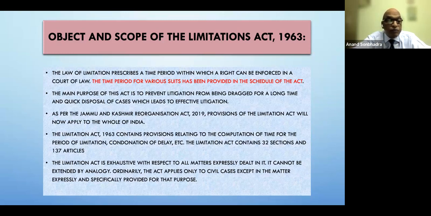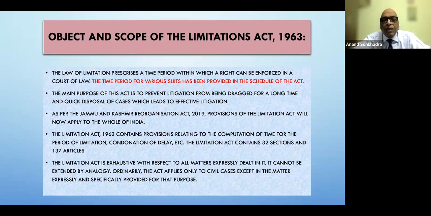My friends, if you've read some of the Supreme Court judgments, that's what I have noted also, where the honorable judges, while pronouncing the order, have written that limitations cannot be extended by analogy. And of course, in different contexts also.